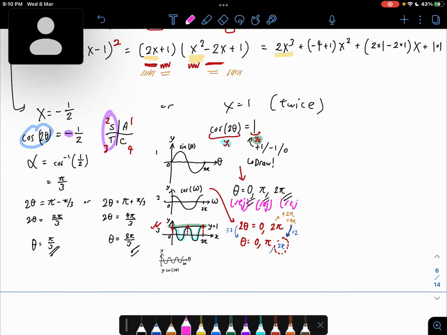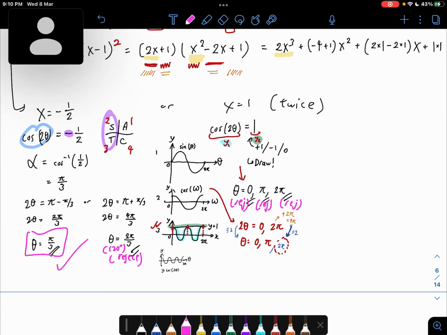This one also reject. This one, 2 pi over 3 is how much? Let me think. 120 degrees. So this one also reject. So we end up with only one correct answer, which is the acute angle: theta equals pi over 3.